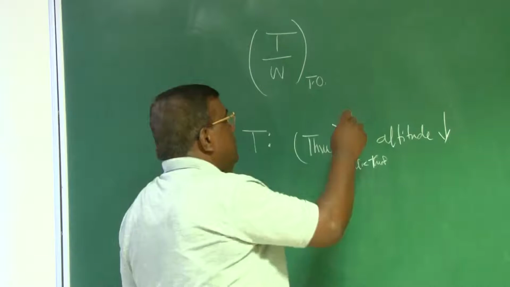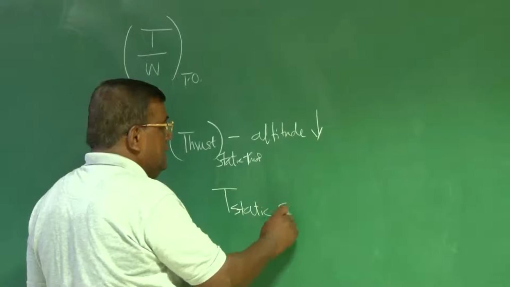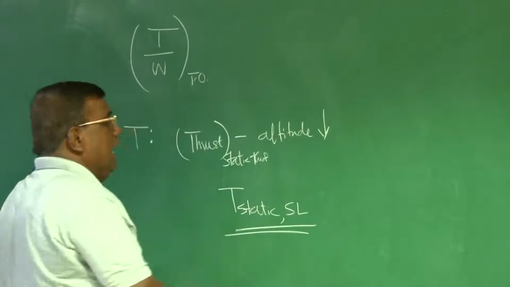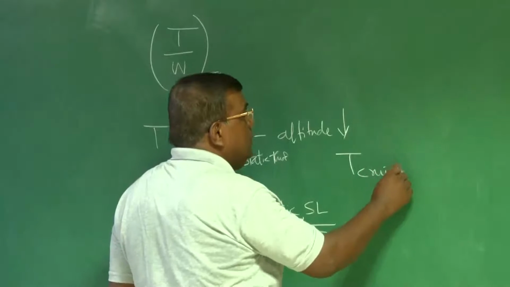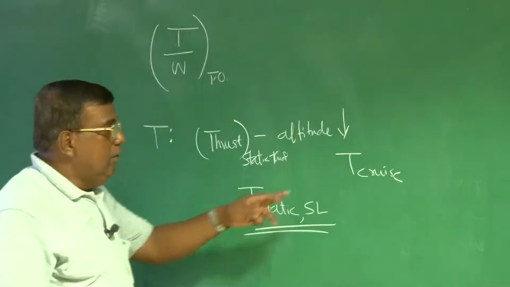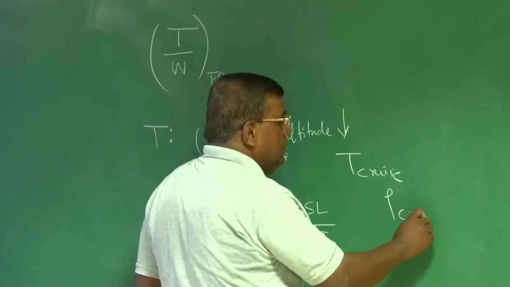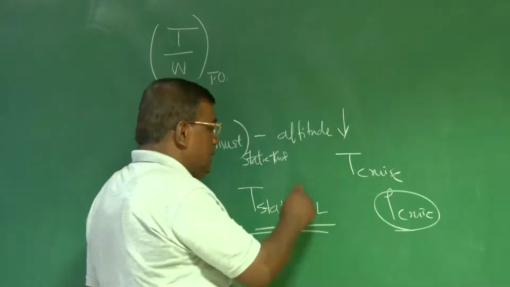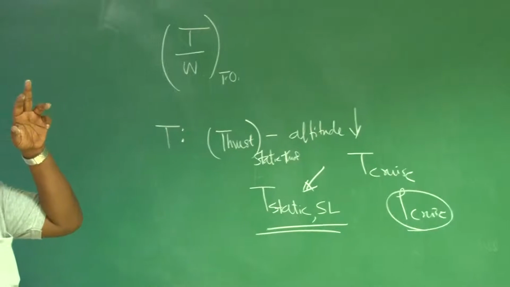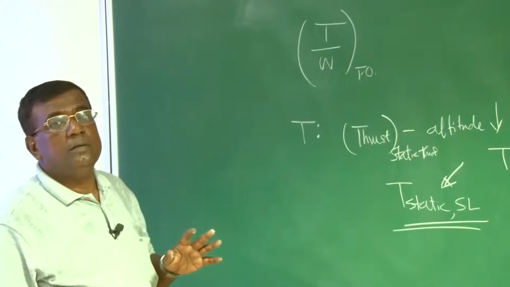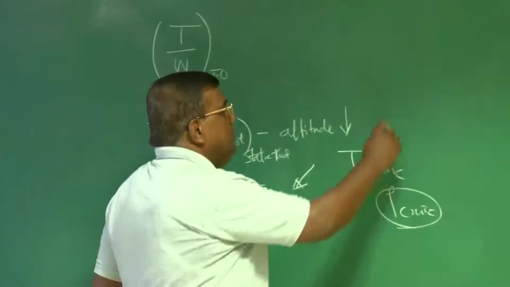When you're talking about static thrust, which is generally rated at sea level condition, and if you are talking about thrust at cruise, you must ensure what the altitude at cruise is. Say rho cruise. So I must correct this to the altitude of operation. That is extremely important. Okay? This is altitude effect.